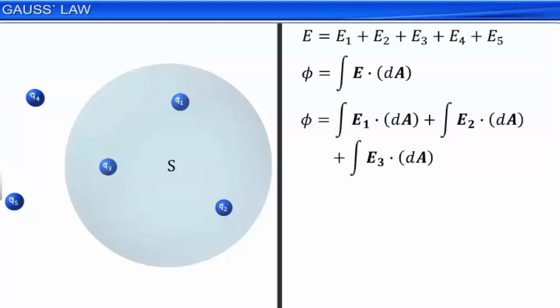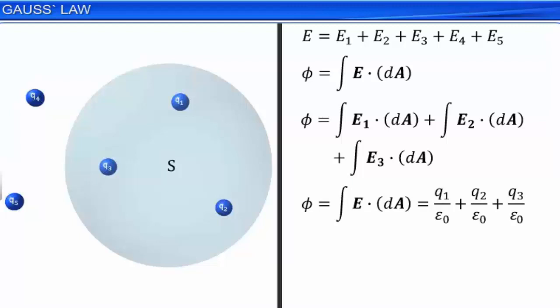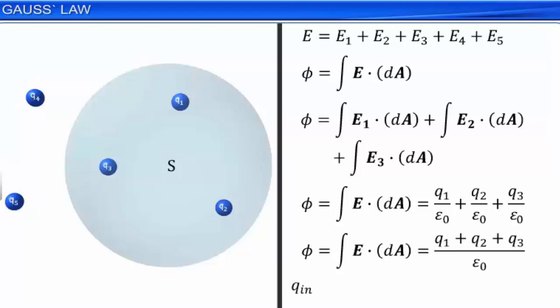Therefore, phi is now equal to Q1 by epsilon naught plus Q2 by epsilon naught plus Q3 by epsilon naught. Or we can say that net flux through the Gaussian surface is equal to Q1 plus Q2 plus Q3 by epsilon naught. Let the total charge enclosed within the Gaussian surface be Qin, the subscript in referring to inside of the closed surface. Here, Qin is equal to Q1 plus Q2 plus Q3.